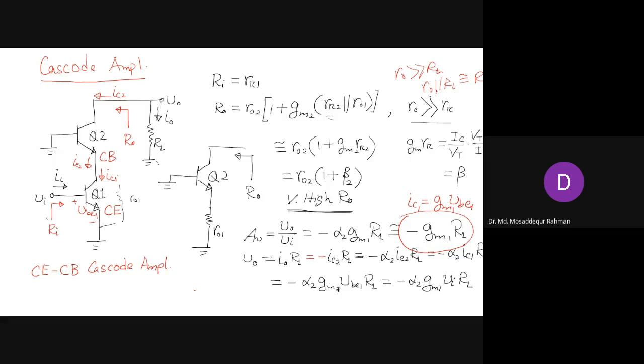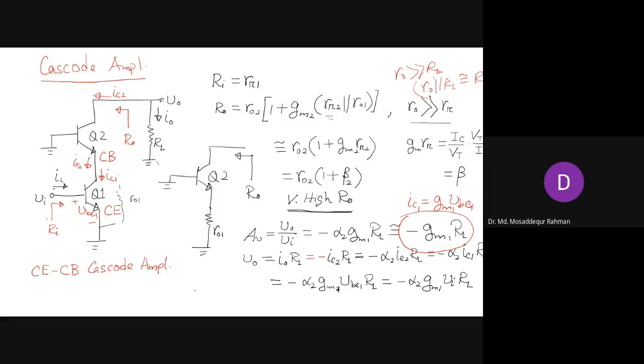But that's not always the case. Sometimes R naught will have an effect on the overall gain, and in those situations this will be very useful. We can make the gain independent of the small R naught. That's what we get from the cascode configuration.